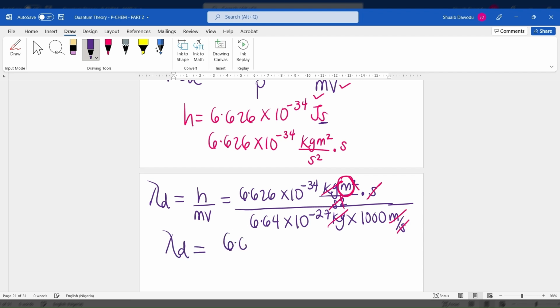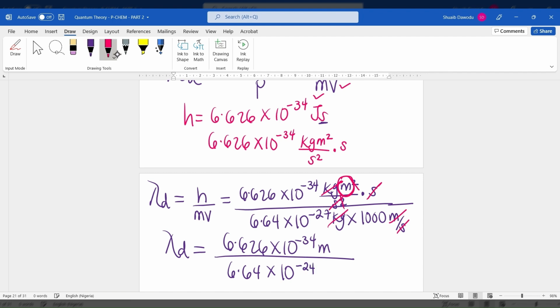Rewriting would just be 6.626 times 10 raised to the power of negative 34 meters divided by 6.64 times 10 raised to the power of negative 27 times 1000, which is just 6.64 times 10 raised to the power of negative 27 times 10 raised to the power of 3, which is the same thing as 1000, is just 6.64 times 10 raised to the power of negative 24.